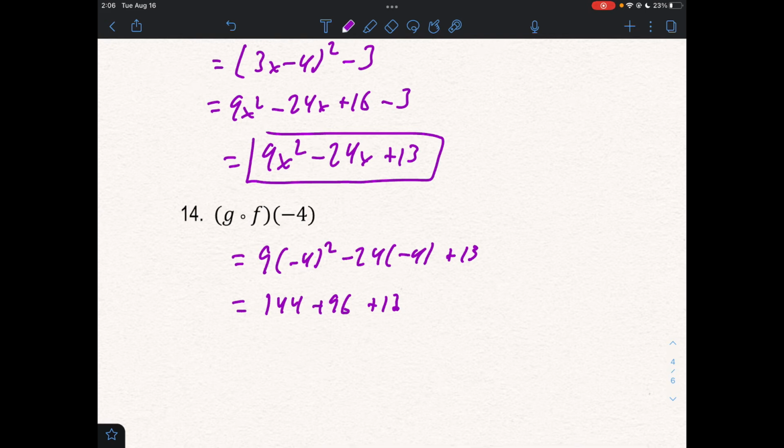Sorry, this is plus 96. So 144 plus 96 plus 13. That should give us 253.